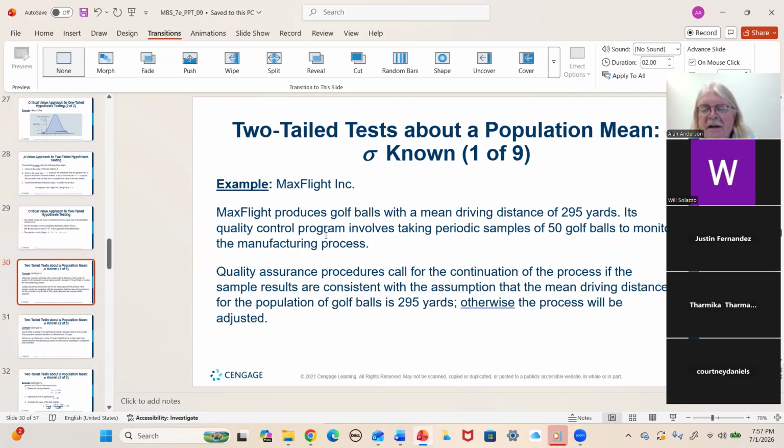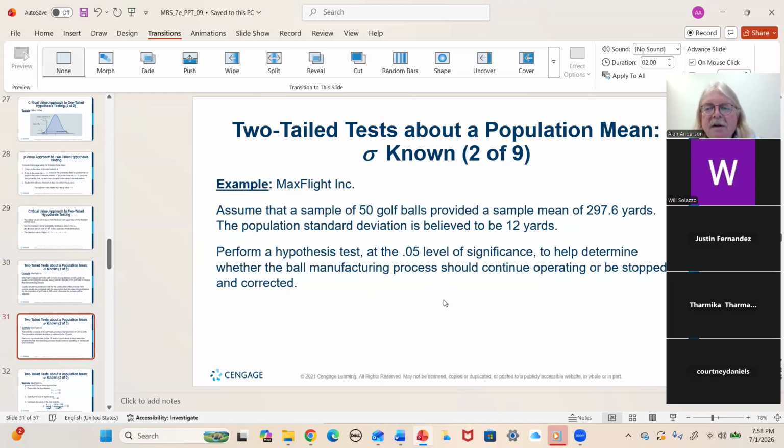All right, here's another example. Max Flight. They produce golf balls with a mean driving distance of 295 yards. The quality control program involves taking periodic samples of 50 golf balls to monitor the manufacturing process. Now, here, you're going to assume that the mean of the golf balls is 295 yards.